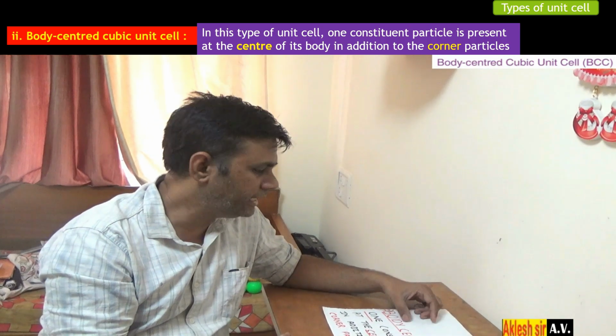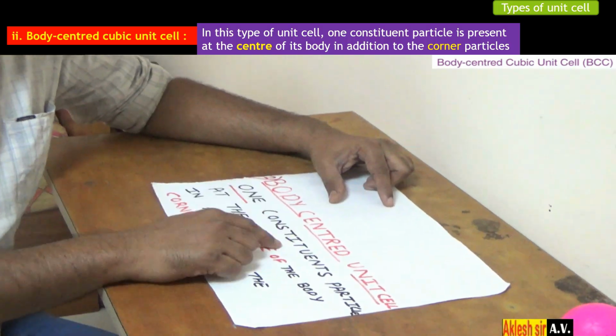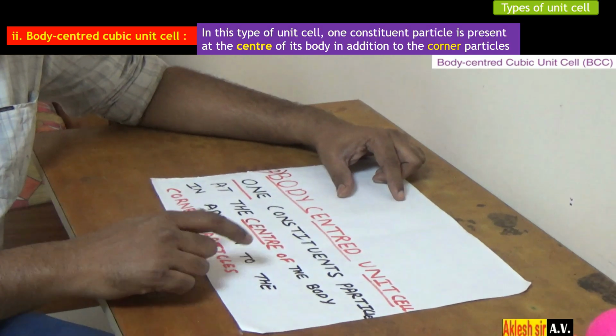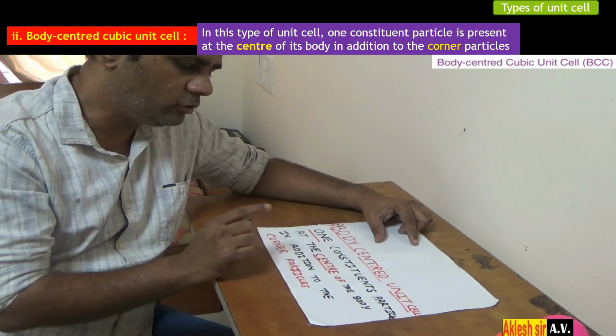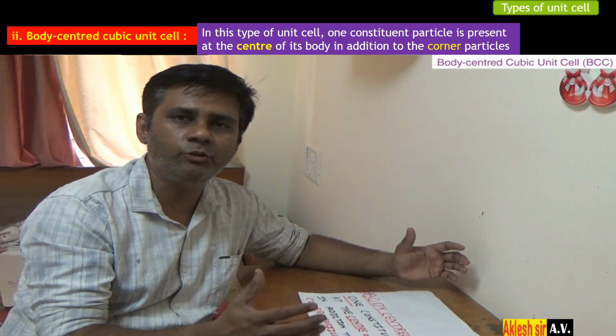Second topic, body-centered unit cell. You'll see here, one constituent particle is present at the center of the body in addition to the corner particles. So it is present in the center, and it is present in the corner also. We will see how to make a body-centered unit cell.